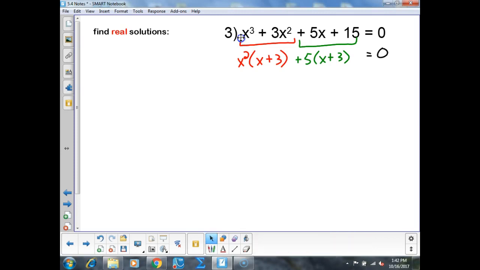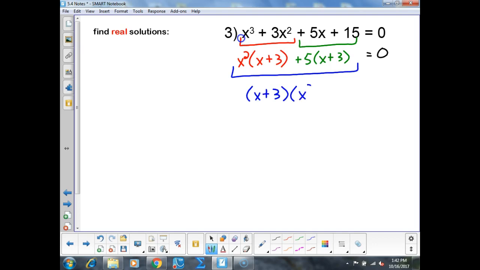Then I'm going to factor out an x plus 3, and that's going to leave me with x squared plus 5. X squared plus 5 doesn't factor any further, so that is my factored completely step.